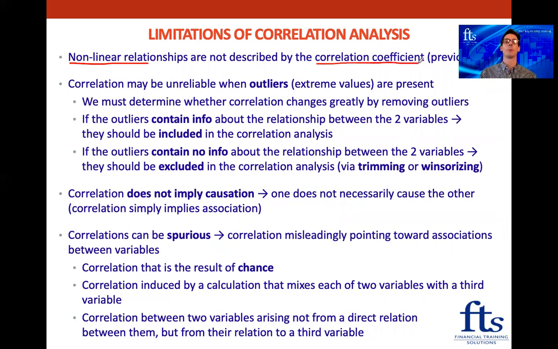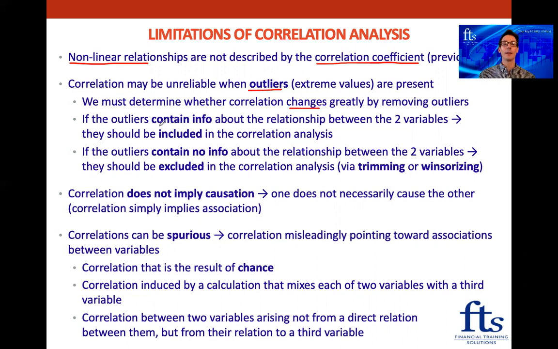So that's one problem. Also, correlation may be unreliable when outliers, our extreme values, are around. So we must determine whether correlation changes greatly by removing the outliers. So here's the deal.